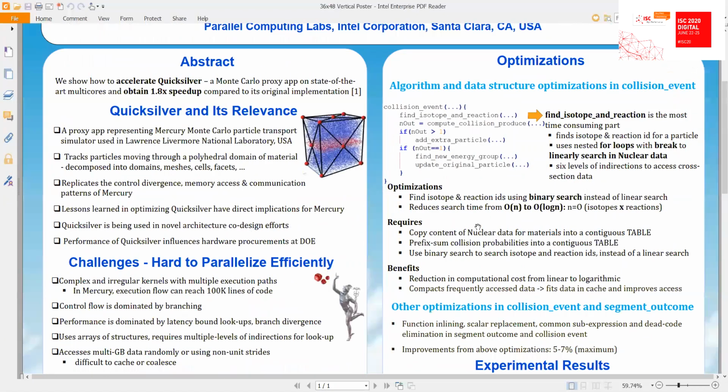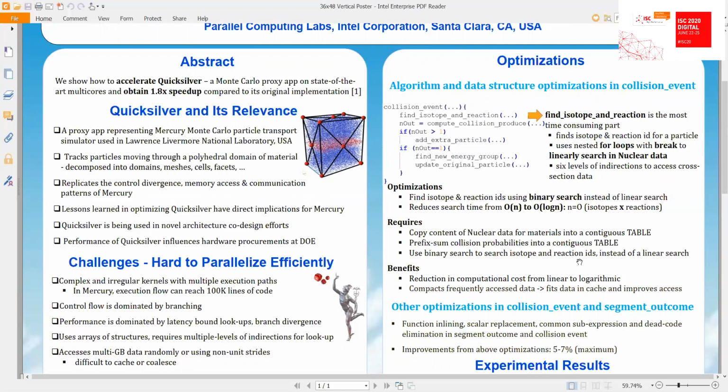When we profiled the collision event function, we found that 70% of its time was spent in three nested multi-exit loops that are used to find isotope and reaction IDs for the collision by doing a linear search in the nuclear database. In this section, the most heavily used data is accessed using 6 levels of indirections.